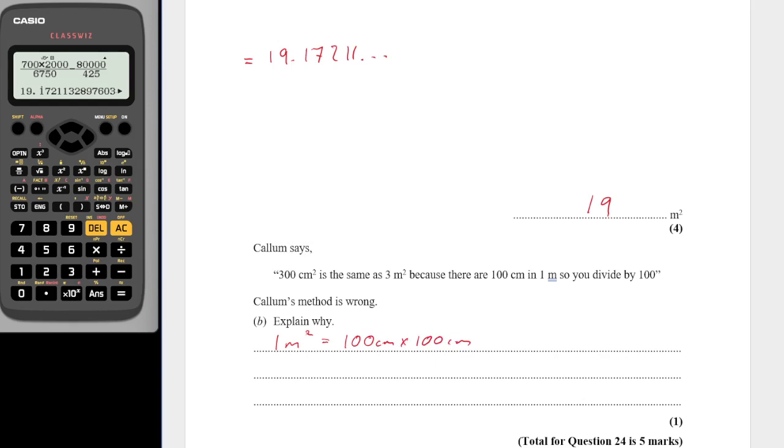So it's equal to 10,000 centimeters squared. So that's my reasoning. So 3 meters squared is equal to 30,000 centimeters squared, not 300.